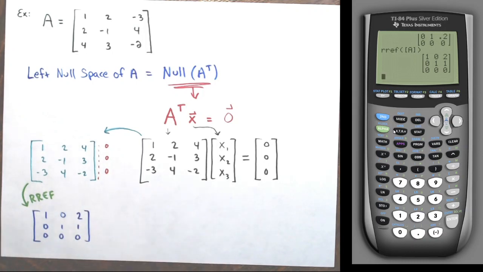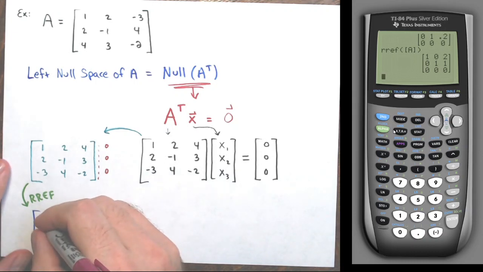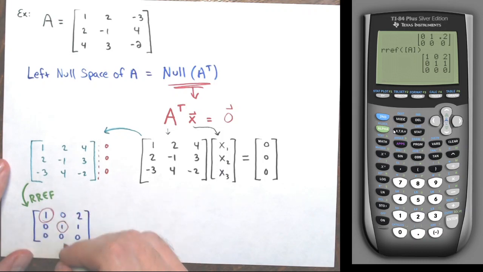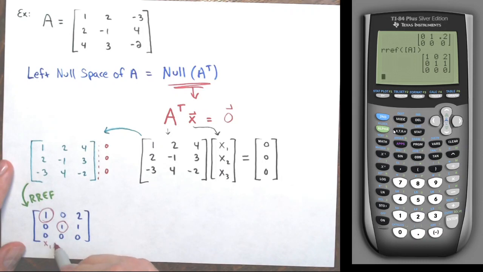Alright, now just as in solving a system of equations, anytime you put your augmented matrix in reduced row echelon form, you're looking around for basic variables and free variables. The first column has a pivot, one of these leading ones. The second column has a pivot, one of these leading ones in a row. So x1 and x2 are going to be basic variables.